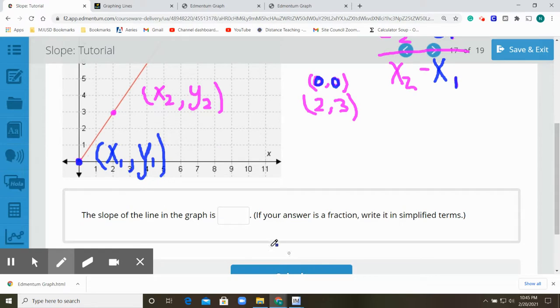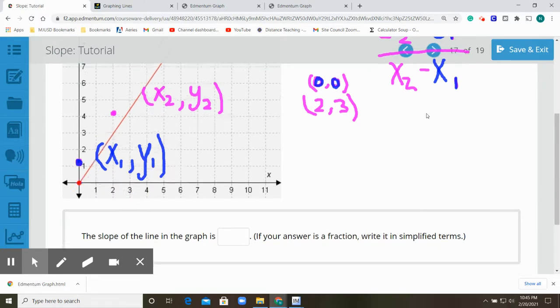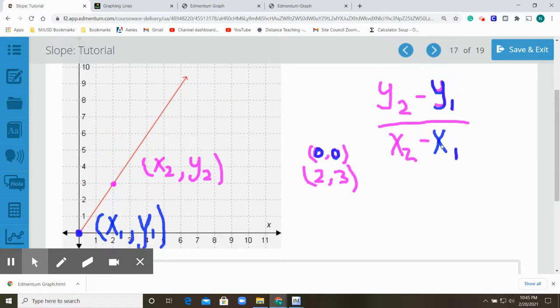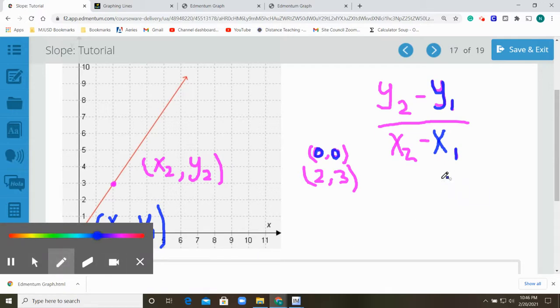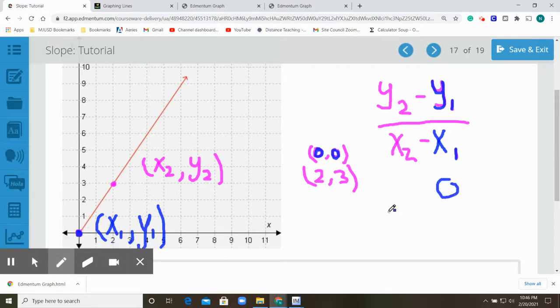Okay, so if we label the points x1, y1 for 0, 0, that makes x1 as 0 and y1 as 0.